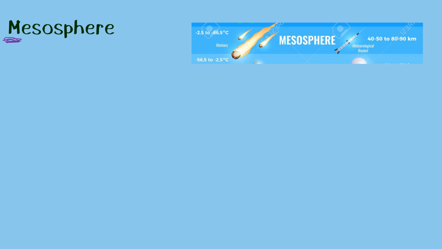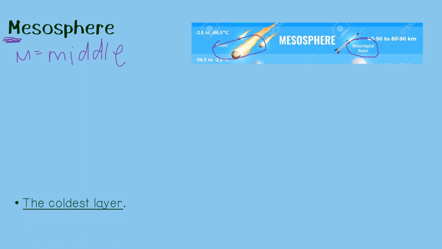I'm going to write that: M equals middle. All right, let's look at our picture. We see there are some meteors and some meteorological rockets happening here.